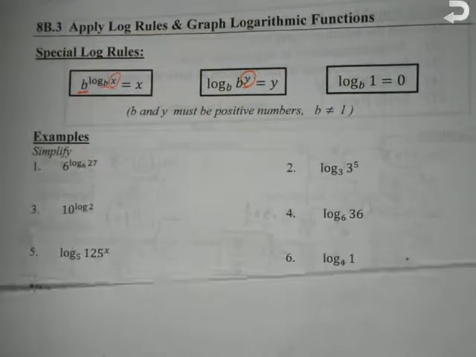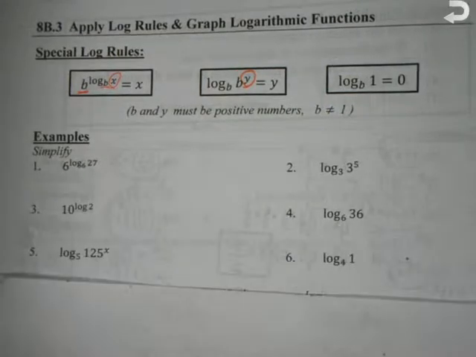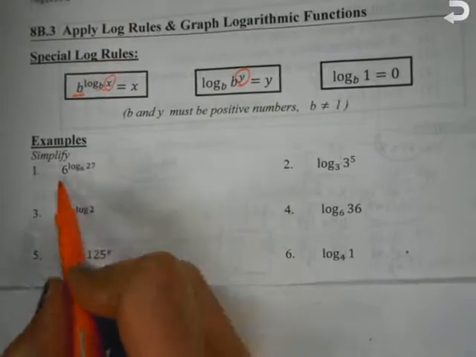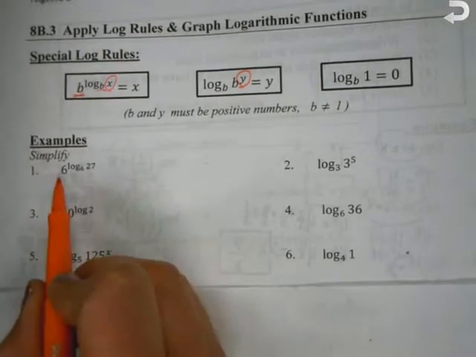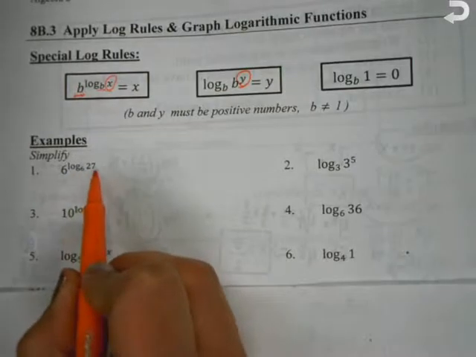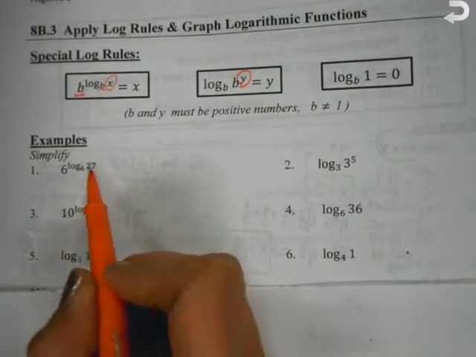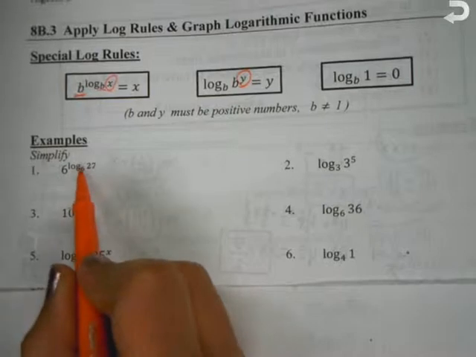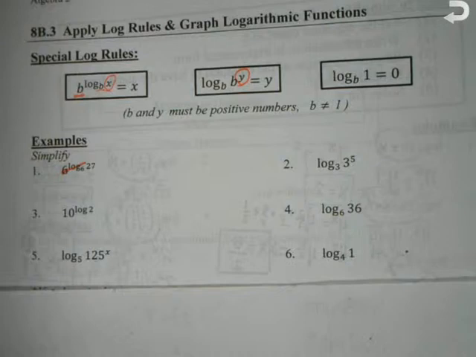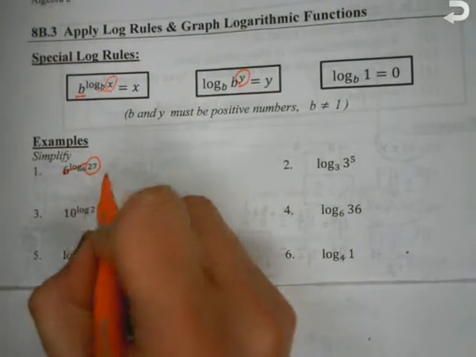Okay, so let's look at an example. Example 1. This is the first rule. I have 6 to the log base 6 of 27. So that 6 and log base 6 cancel each other out, so my answer is just 27.